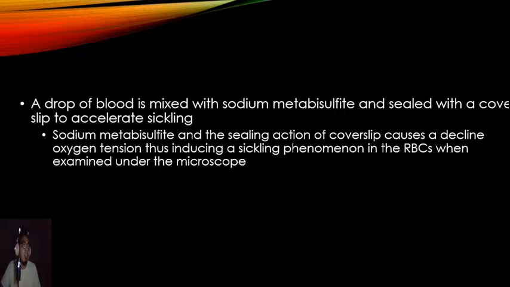Metabisulfate and the sealing action of the cover slips causes a decline in oxygen and thus inducing a sickling phenomenon in the RBCs, and then it is examined under the microscope. This one is much more direct. You use a blood drop mixed with sodium metabisulfate, and then a cover slip is added to induce sickling phenomenon, or again a hypoxic environment. Decline in oxygen tension, it's just a fancy way of saying hypoxia.